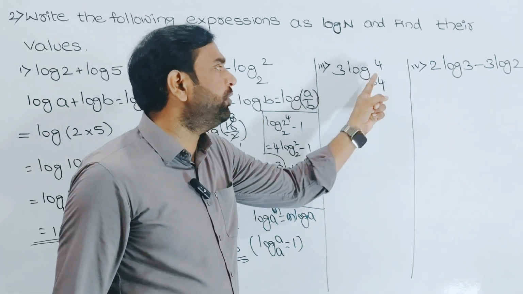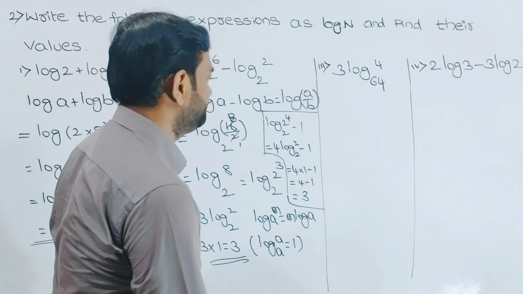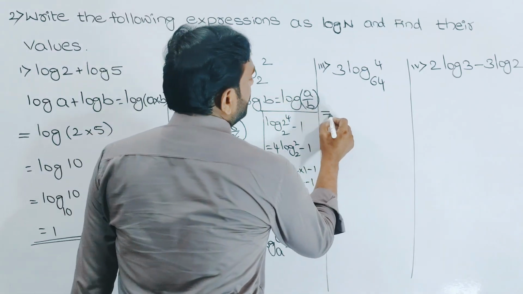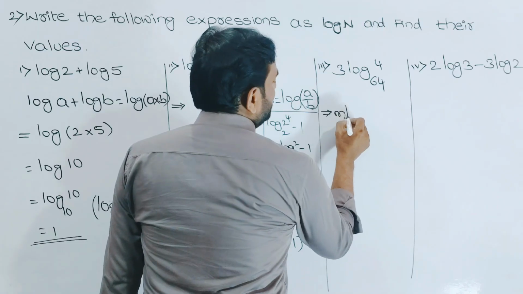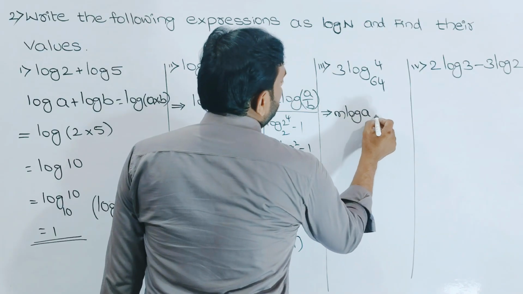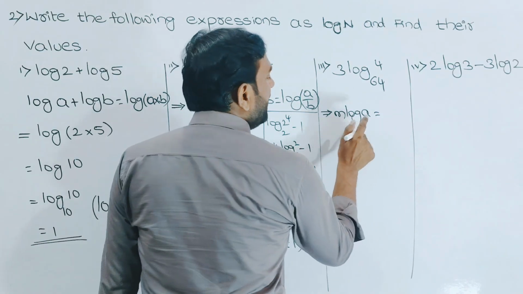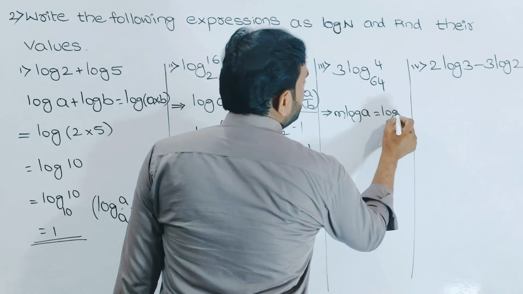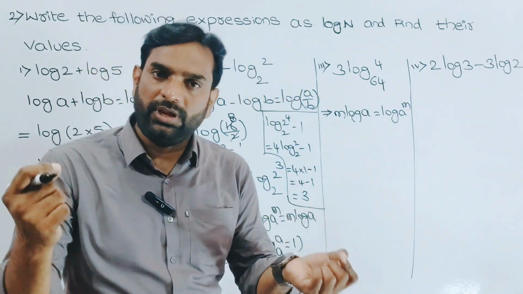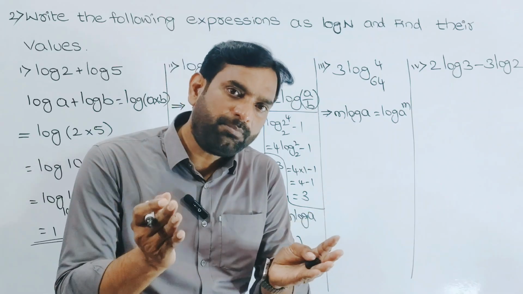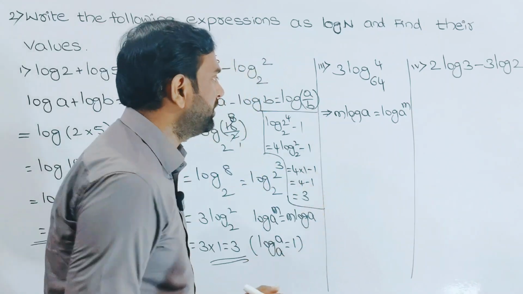3 log 4 base 64. Here, it is like m log a. The formula for m log a is log a power m. Log a power m equals m log a. In the same way, m log a equals log a to the power of m.